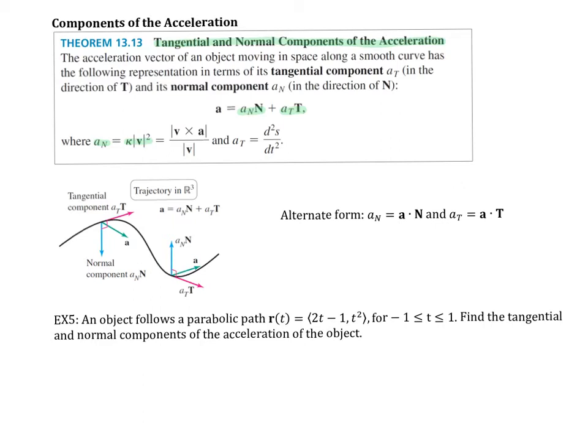That's not so bad. Or magnitude of velocity cross acceleration over magnitude of velocity. Again, that's not so bad. The problem is computing a sub t, the coefficient on the unit tangent vector. It's actually the second derivative of arc length with respect to t.